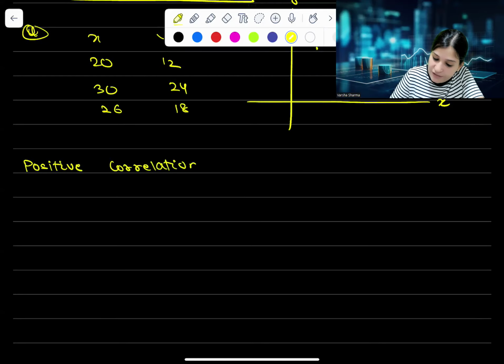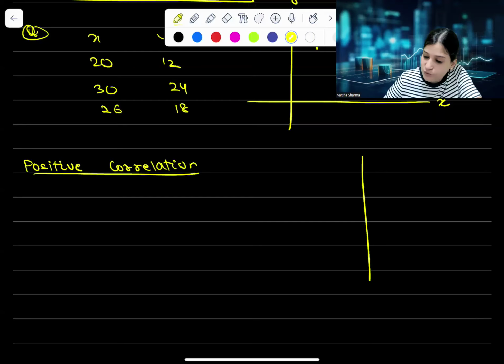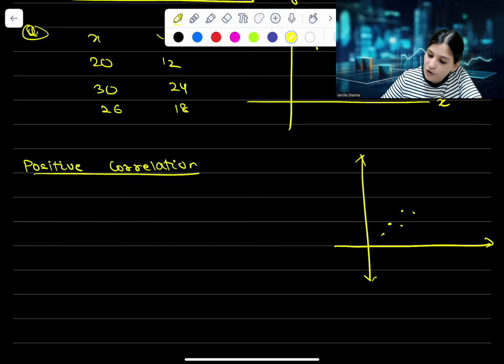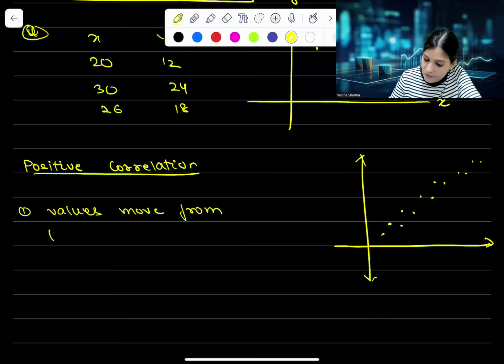When you plot the data, the values will be going upward, moving from lower left to upper right.